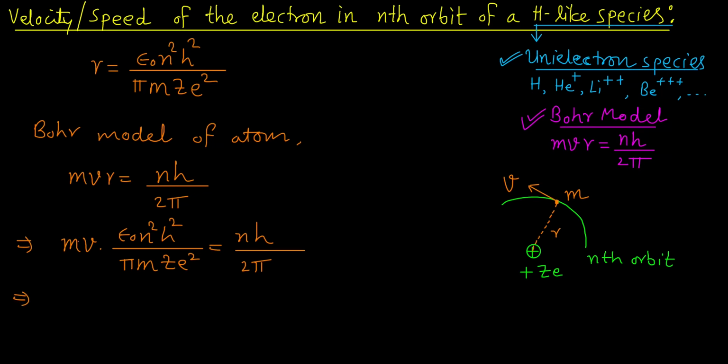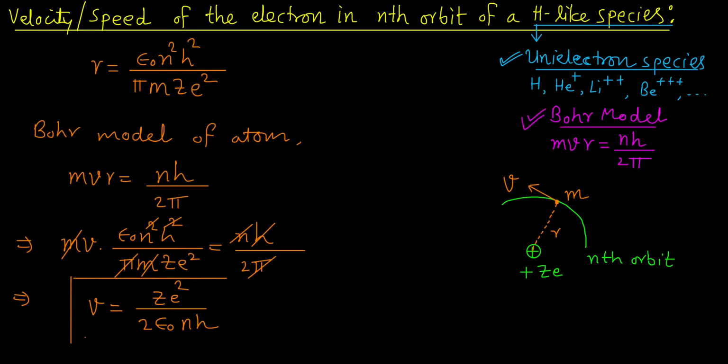From here you can cancel this m and this m. This pi will also get cancelled with this pi, and one n and one h will also get cancelled with this nh. So what do you have now? Finally, v is equal to Z e square, divided by 2 times epsilon naught n h. So this is the final expression for the speed of the electron in the nth orbit.